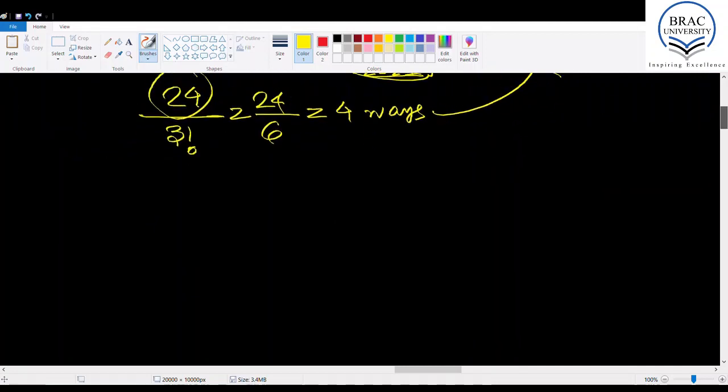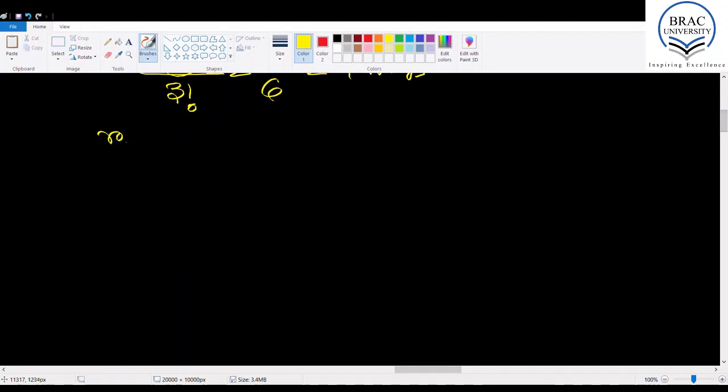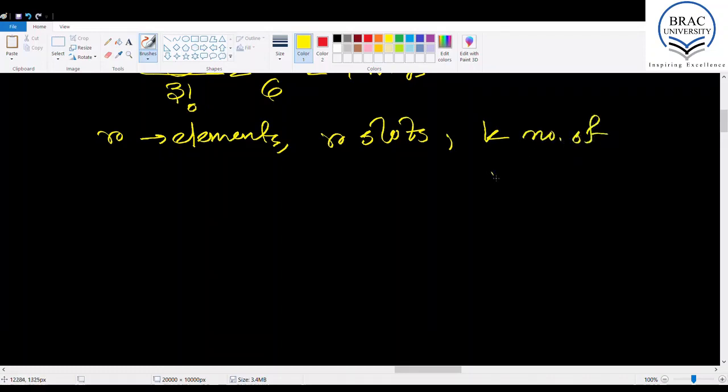So we can say that if there are r elements and we are given r slots for arranging them, and if k number of elements are the same, then we can have the total number of permutations r factorial divided by k factorial.